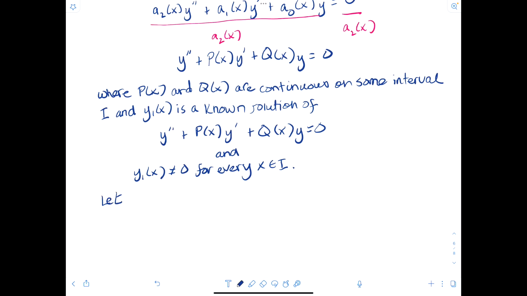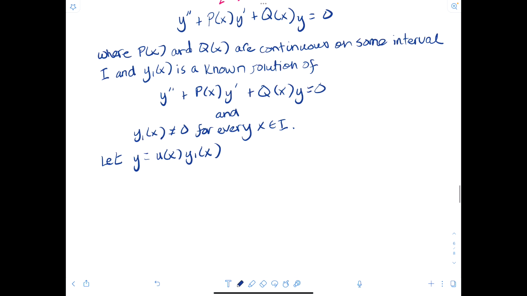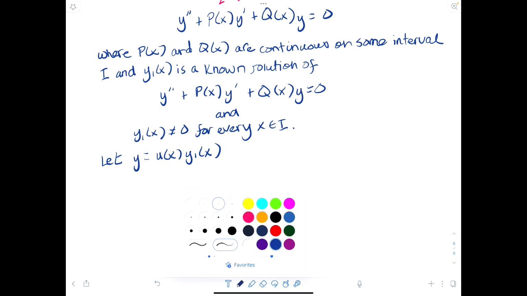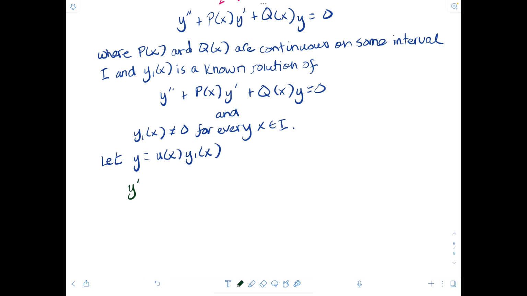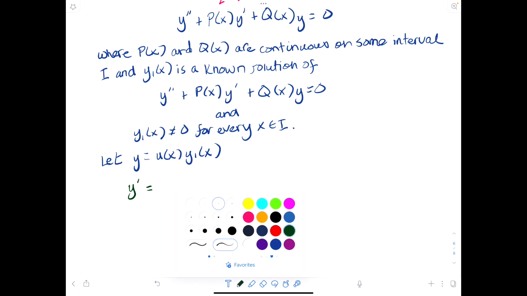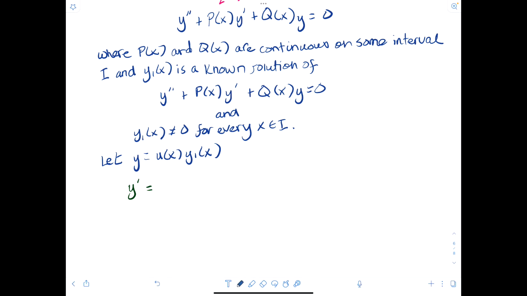Our substitution. Let y equal to u at x times y1 at x. And so we will have y prime. If y is u at x times y1 at x, we'll get y1 times u.